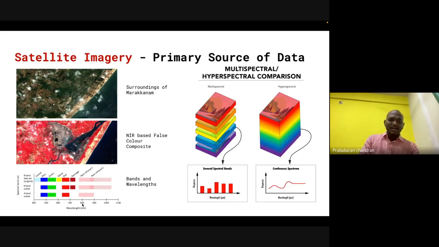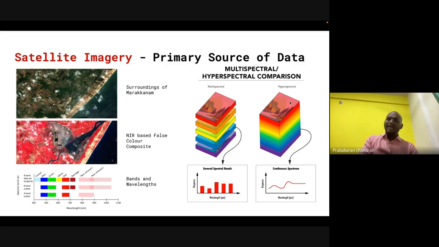You can see here it starts from 400 nanometers to 1100 nanometers. Beyond this, it will be UV. Lesser than this will be microwaves. So these are different segments of the electromagnetic wavelength. And if there are clearly defined spectral bands, it will be multispectral.